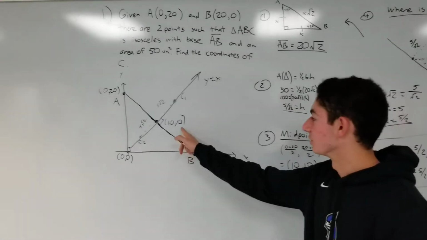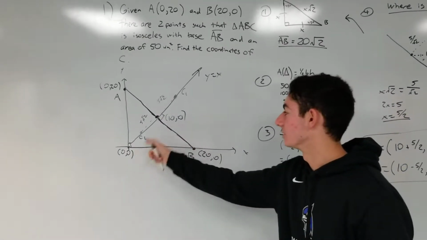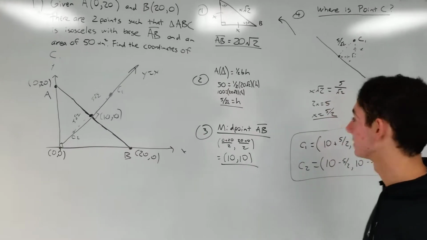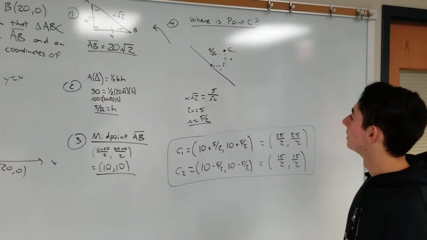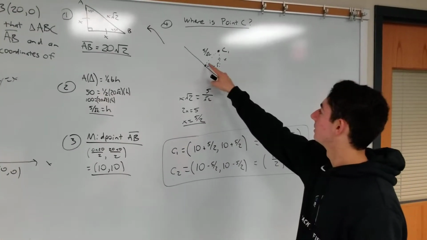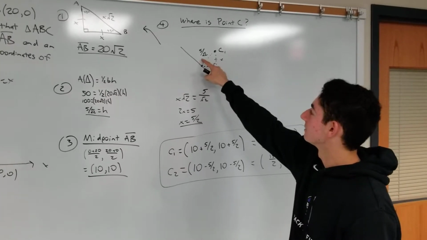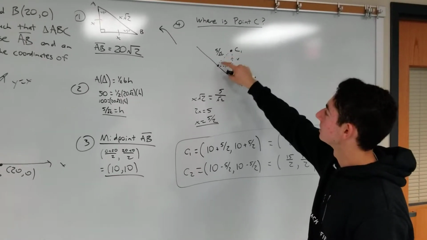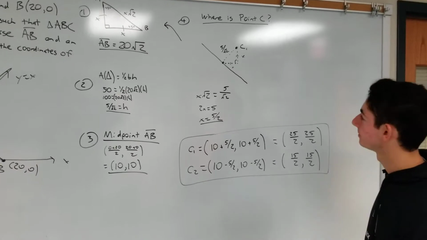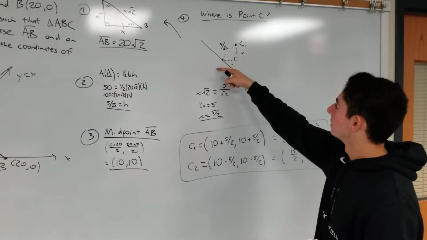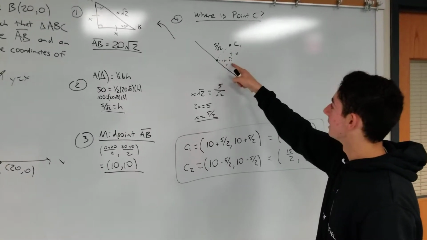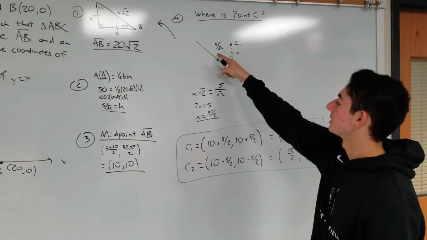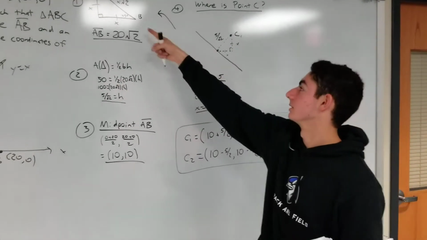Because it goes through (10, 10) and (0, 0), so you can just infer that it's y equals x. So what we do here is know that the height is 5 over root 2, so that's the hypotenuse of a right triangle you can draw. So here's 5 over root 2, and then here's x, x, and that's x root 2, which is what we did earlier, as you can see.